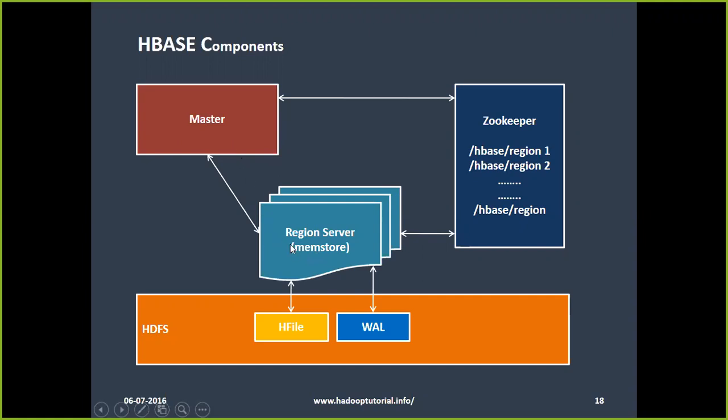So it identifies what are all the region servers it should serve to the client. And these region servers will get registered to the Zookeeper as temporary znodes, ephemeral nodes, and those will establish a direct connection to your user.